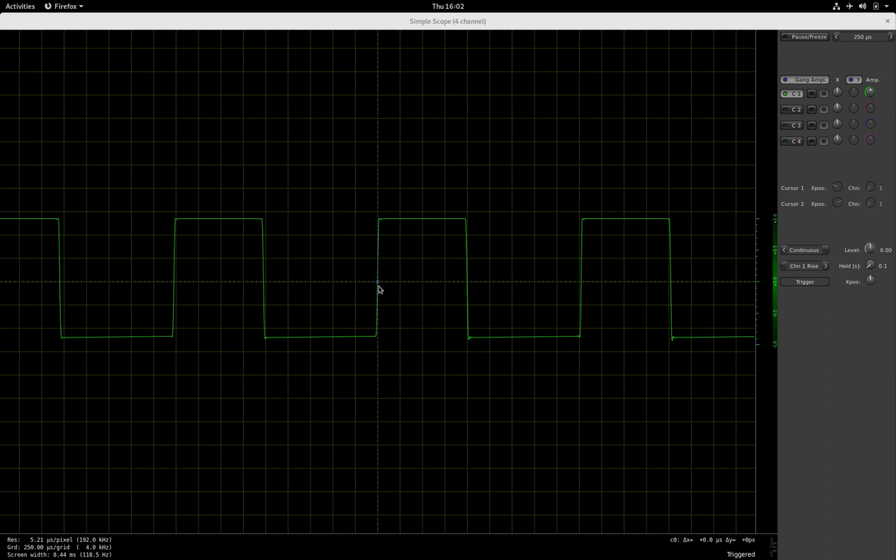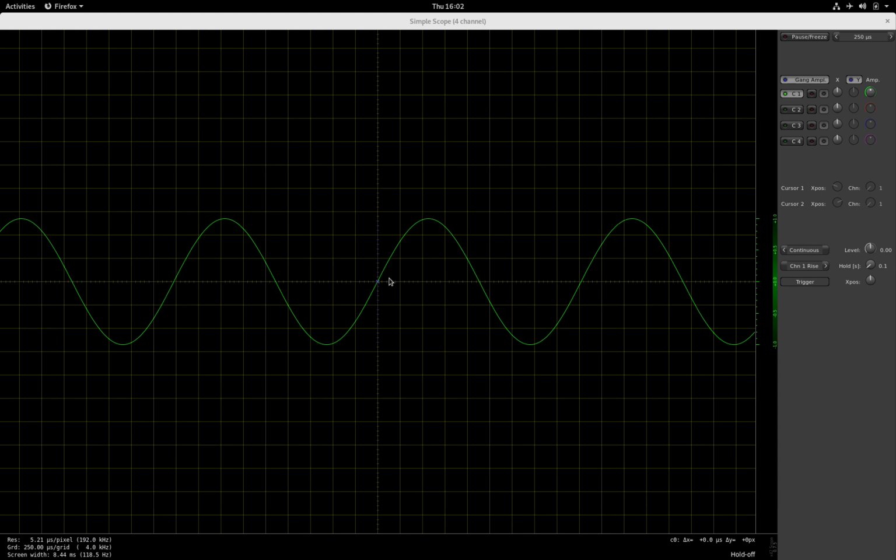Now, the clipping that the fuzzer applies to the signal is asymmetric, so the positive and negative waves don't have the same length, even though remember the input signal to our fuzz unit is this, which is completely symmetrical through the origin.